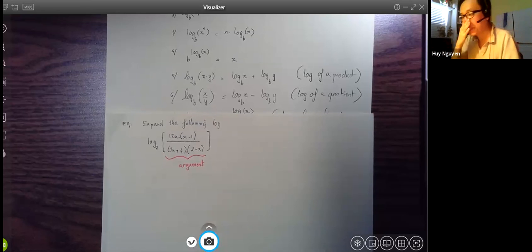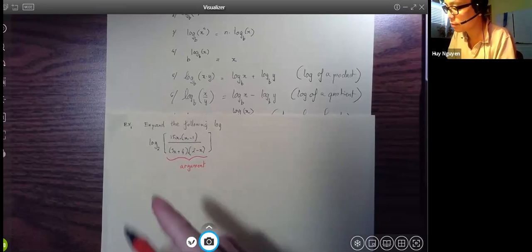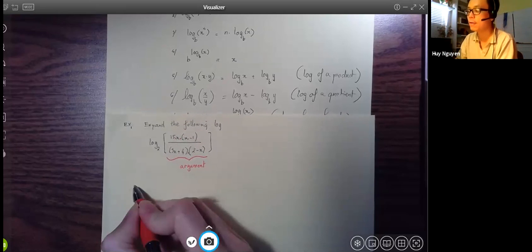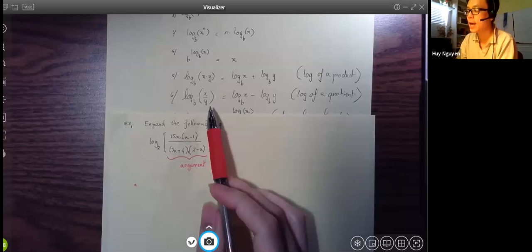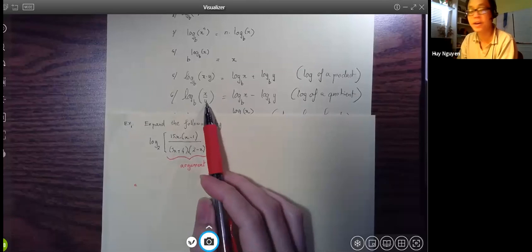All right, so now let me use property 6 first because this is a fraction. In property 6, you see that if we have a fraction, we can expand it to a difference.